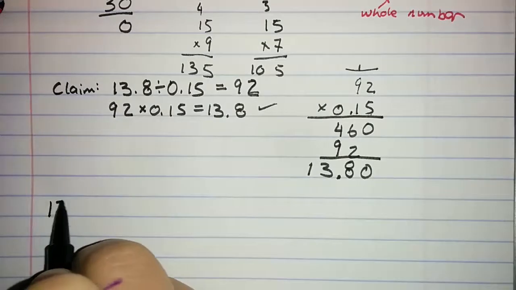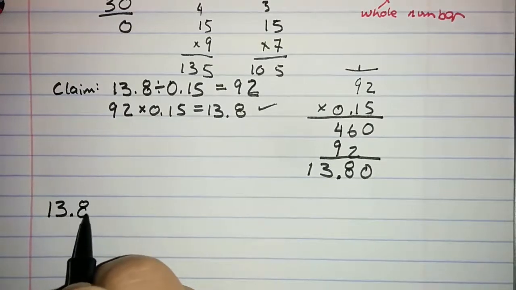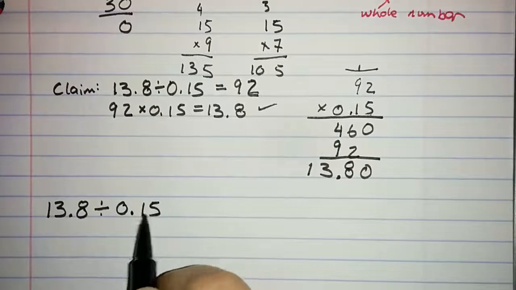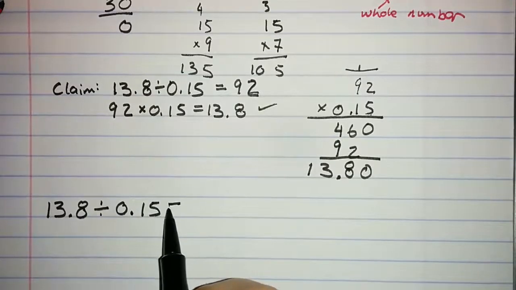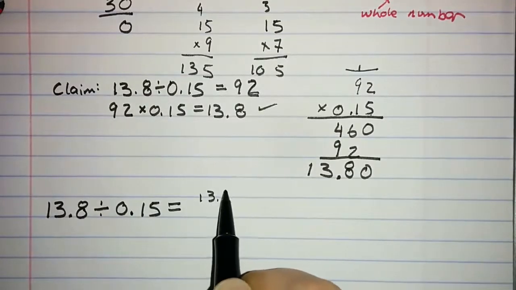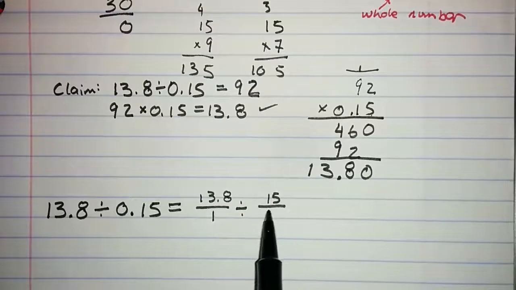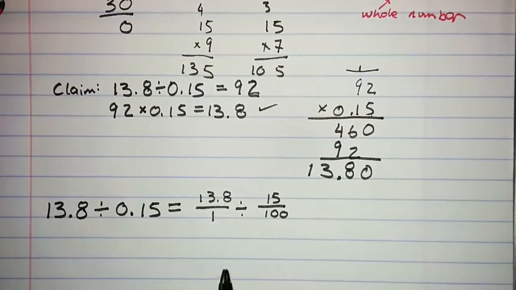We had 13.8 divided by 0.15, which we wrote as 13.8 over 1 divided by 15 over 100.